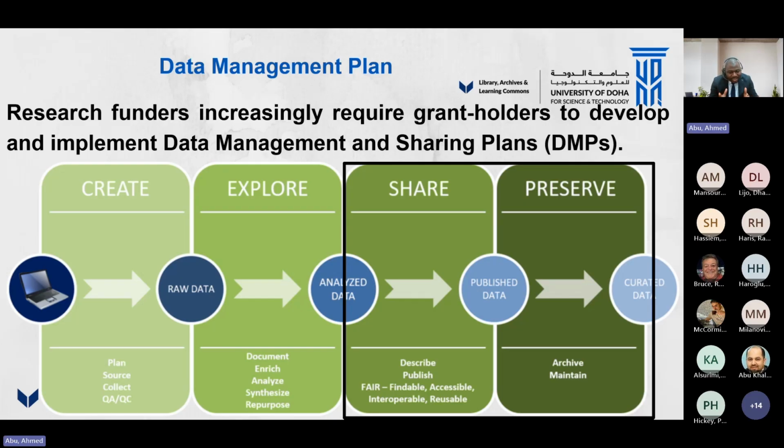In this research data management plan, it outlines how data will be collected, organized, stored, protected, shared, and preserved, to ensure that the data remain secure, accessible, and reusable. The library can assist in developing a DMP, as well as advise you properly on data sharing and preservation. You can see that we have all the capacity to assist you in that.